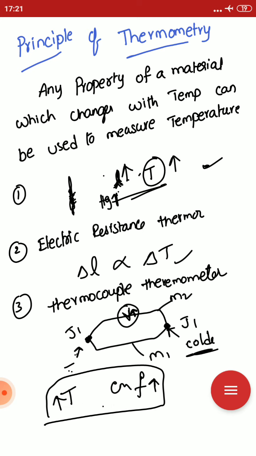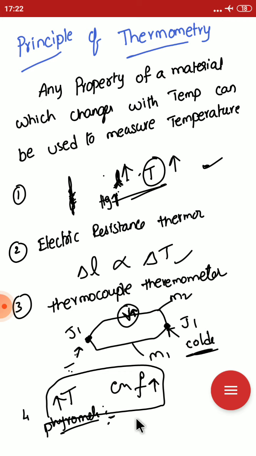Next, the fourth one is the pyrometer. A pyrometer is a non-contact type. Generally we see it at railway stations or at hospital entrances, where the temperature is determined by its color.